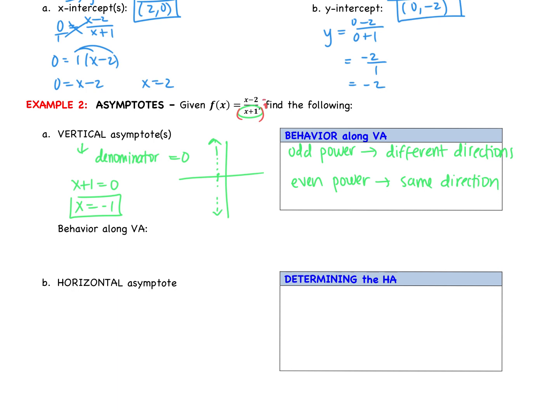That first power is odd, which tells us the graph is going to go in different directions along the vertical asymptote. So one will go up and one will go down. If it was x plus 1, that quantity squared, then we would be going in the same direction. But in any odd power, we're always going to go in opposite directions.